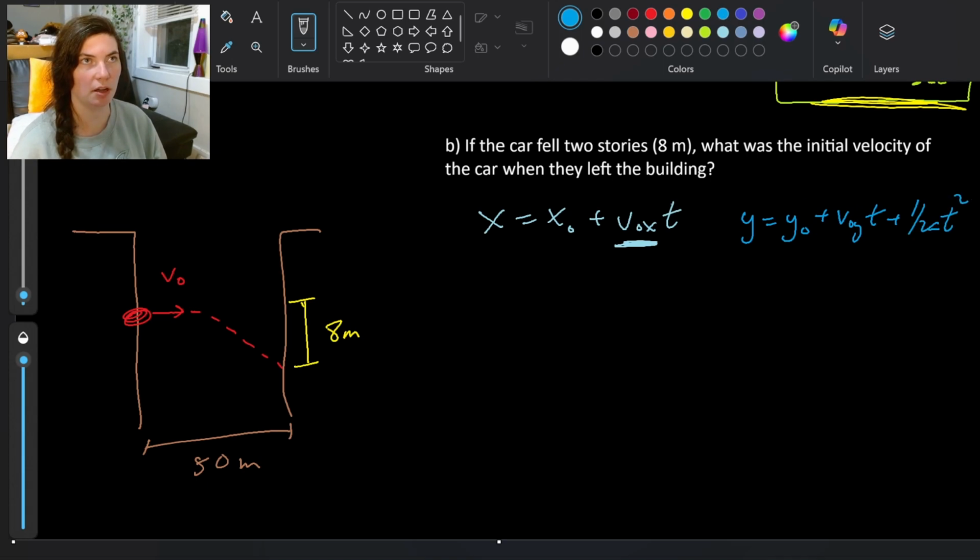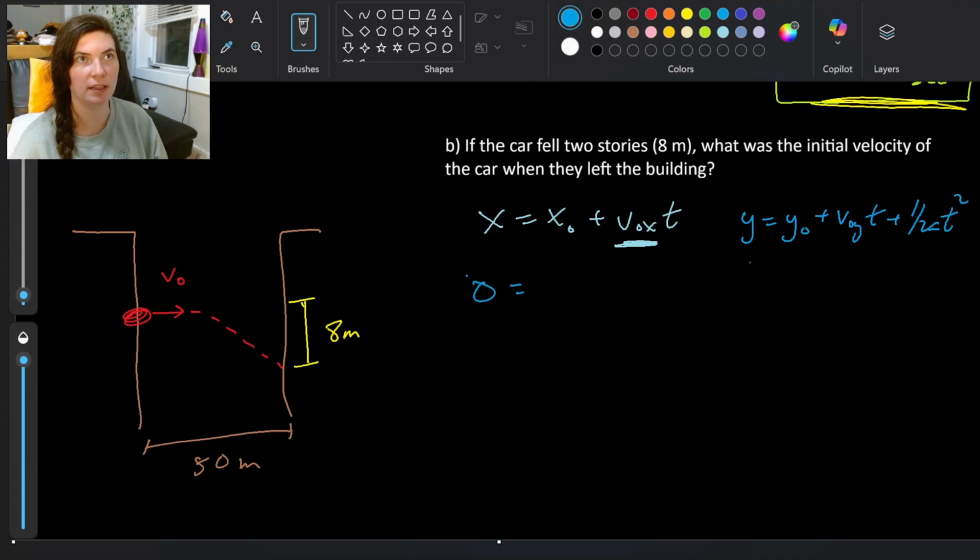I'm going to start popping all the numbers I know into that. My initial height, we'll call that 0. And then my final height, we could call that 0 also, and we could call my initial height 8. We know really y minus y naught is this negative 8 number.